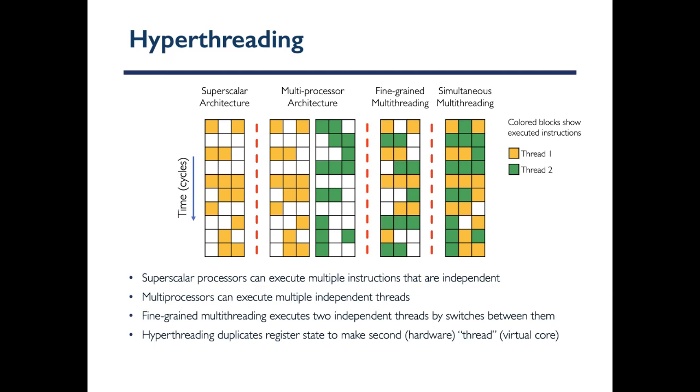In the next slide, we'll see this in a picture. But then the operating system decides to run these two threads on these two virtual CPUs, let's call them. So you have a physical core and then virtual cores if you have SMT.